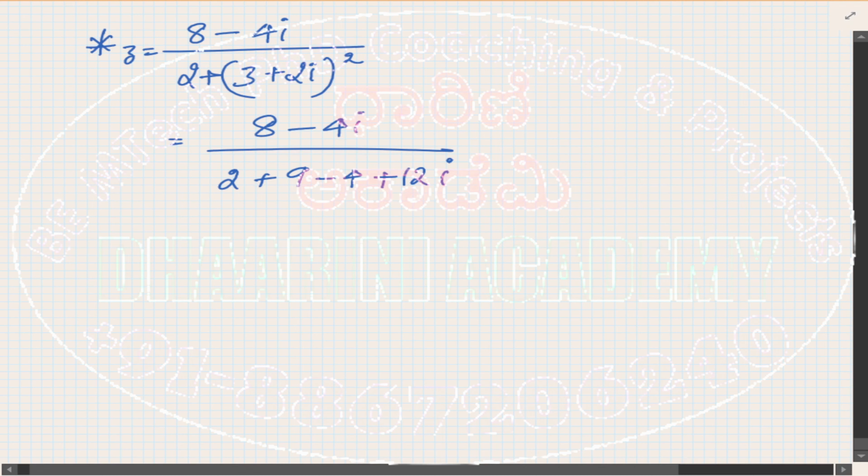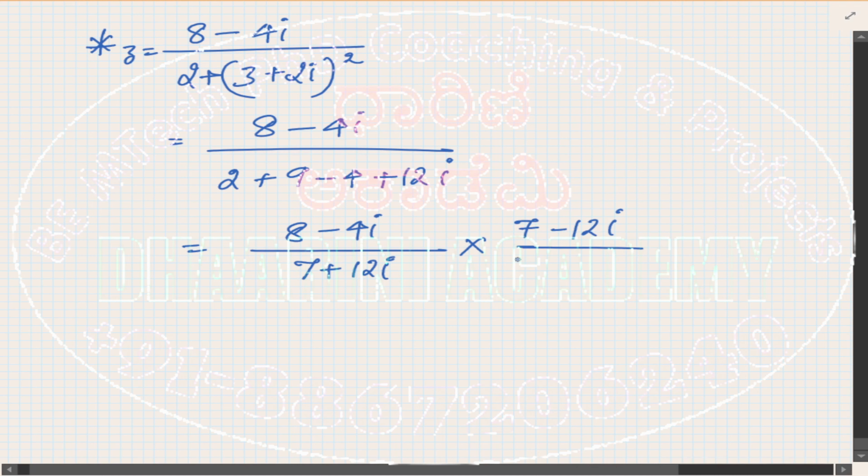So this is equal to 8 minus 4i divided by 9 plus 2, 11 minus 4 is 7. So this is 7 plus 12i. In order to simplify, I need to multiply and divide by 7 minus 12i.